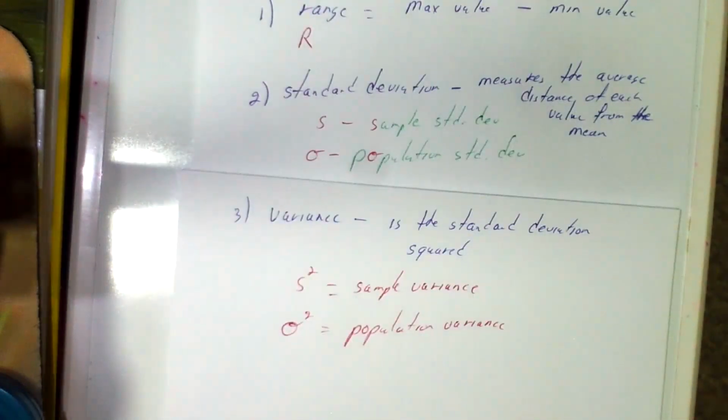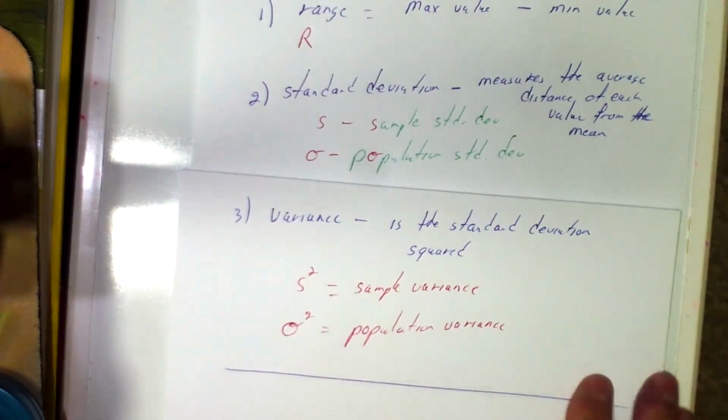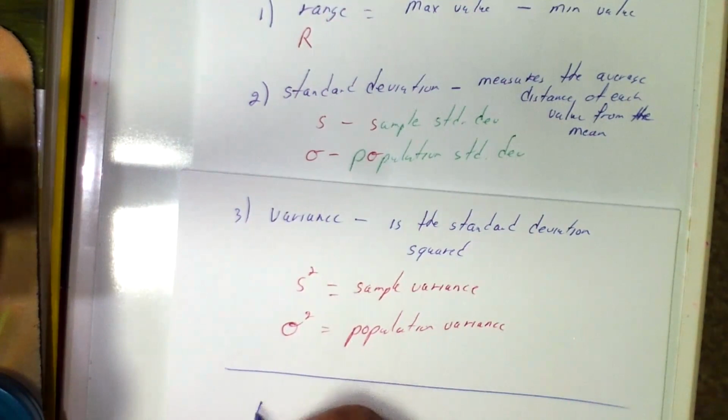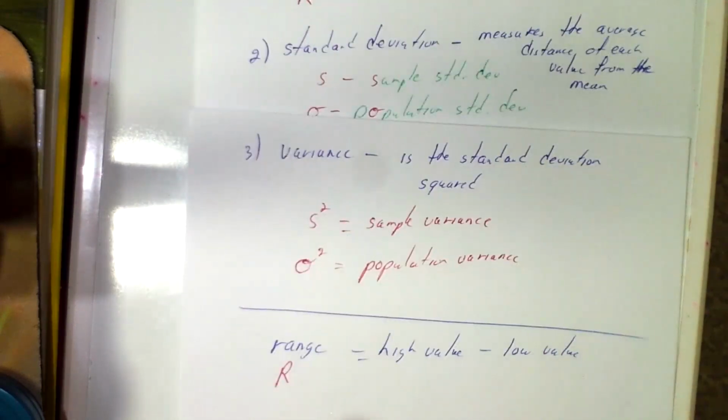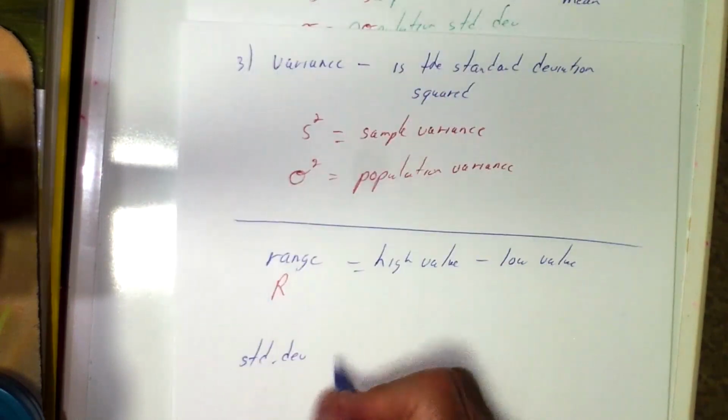And so to summarize the measures of variation, we discussed 3 of them. We had the range. Remember, that was the R, high value minus low value. We had the standard deviation.